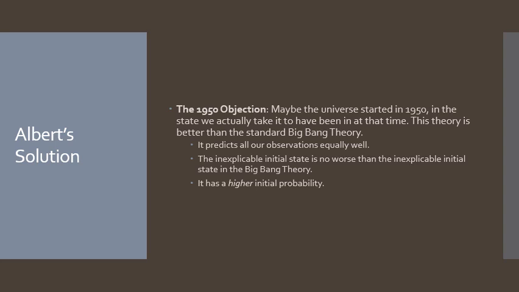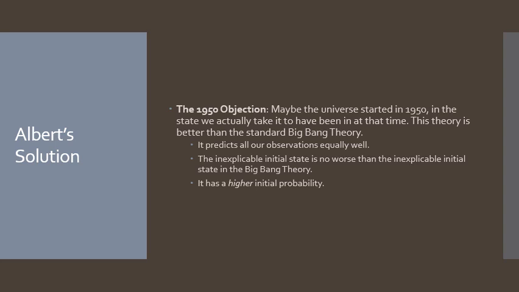Now, you might think that this is an insane theory, but actually it looks like this theory is better than the standard Big Bang theory. It predicts all of our observations equally well, assuming that you were born after 1950. All of your observations have occurred since then, so all of your observations are equally well explained.